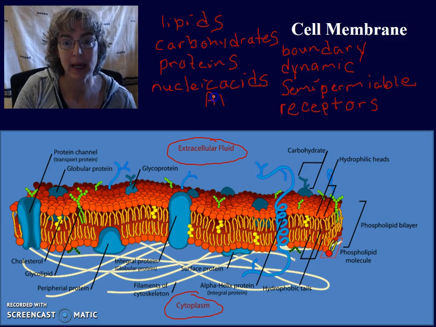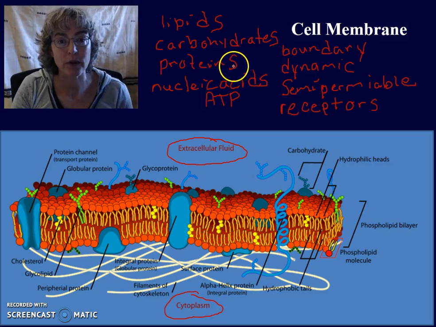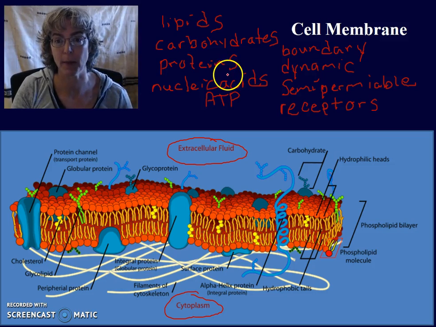So ATP is used as energy to transport substances across the cell membrane. Okay, so all of our biological macromolecules are involved in the cell membrane.